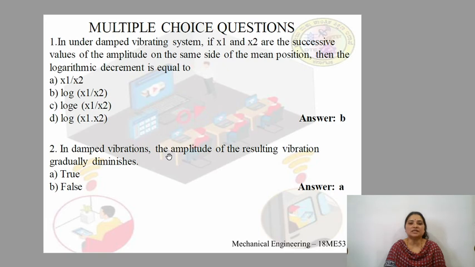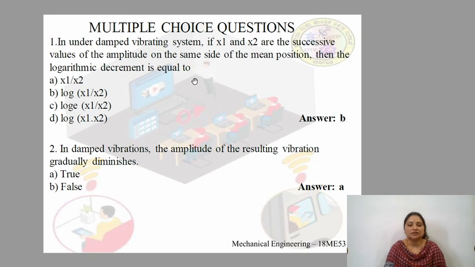We shall now discuss a few multiple choice questions on the topics discussed. The first question is, in an underdamped vibrating system, if x1 and x2 are the successive values of the amplitude on the same side of the mean position, then the logarithmic decrement is equal to.